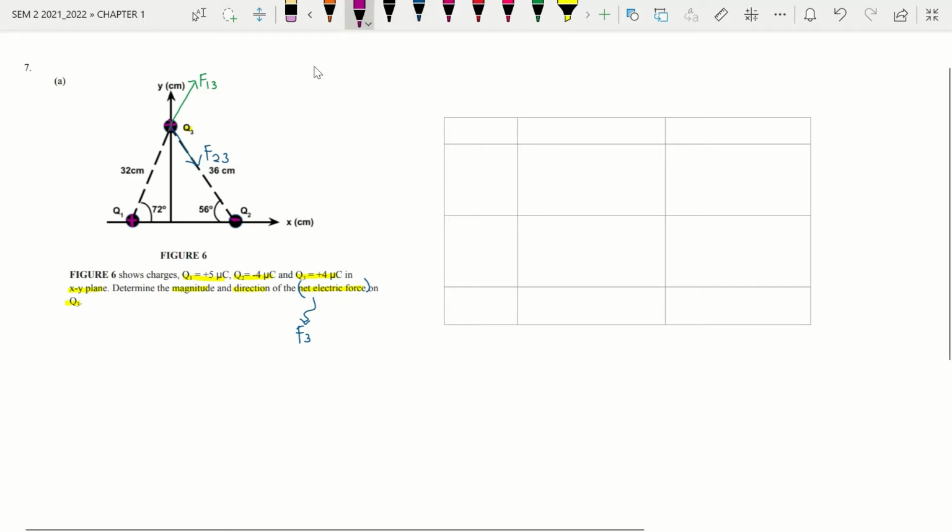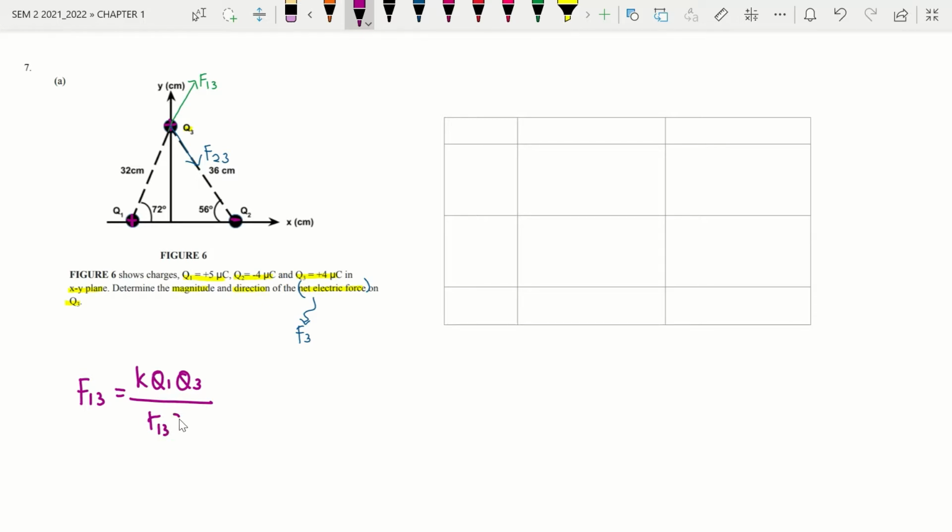Our third step, we are going to look for force of charge 1 on charge 3 by using the electrostatic force formula, which is K Q1 Q3 over distance between charges squared. So distance between charge 1 and charge 3, we squared it.